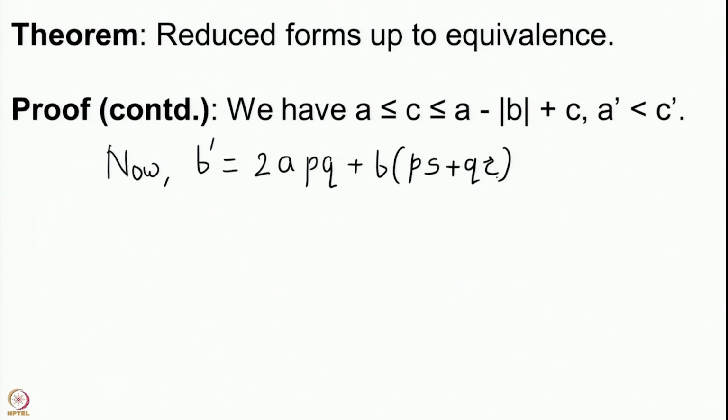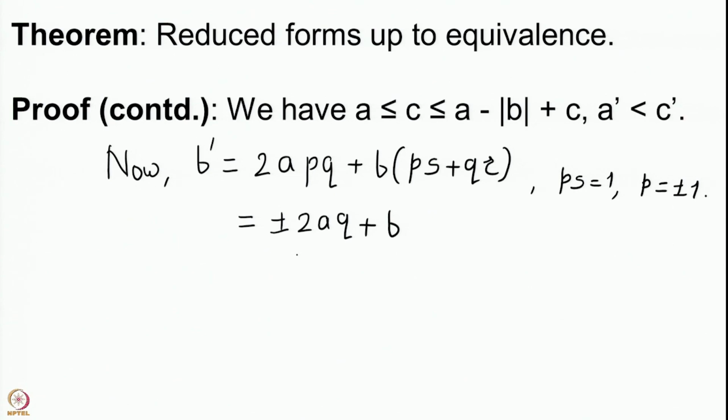So, we note that since s is plus minus 1, r is 0, we get that this value is plus minus 2a q plus b. ps is 1 and p is plus minus 1. So, we see that b prime is b plus minus 2aq.